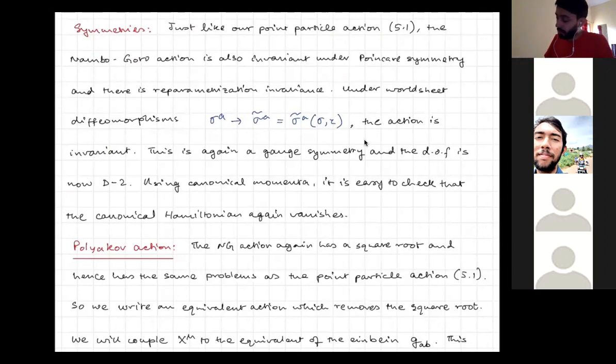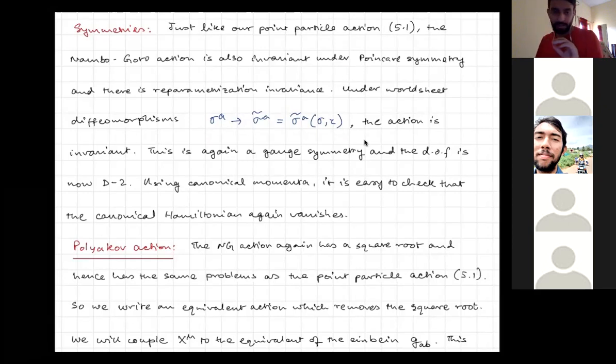Under world sheet diffeomorphisms, the action is again going to be invariant. This is a gauge symmetry, and the degrees of freedom will now be d minus 2. You can also show that, as an artifact of the diffeomorphism symmetry on the world sheet, the Hamiltonian is again going to be 0. I'll set this as a homework for you to show that the string Hamiltonian goes to 0.